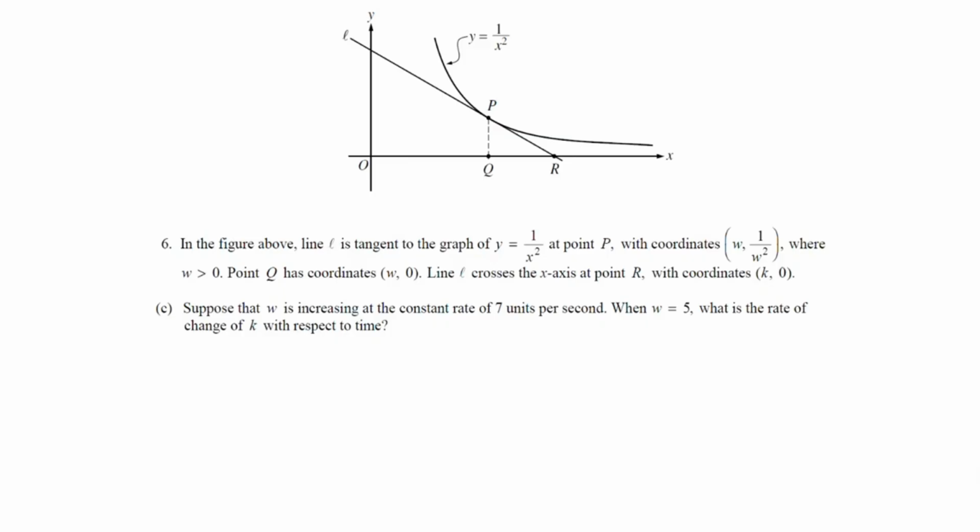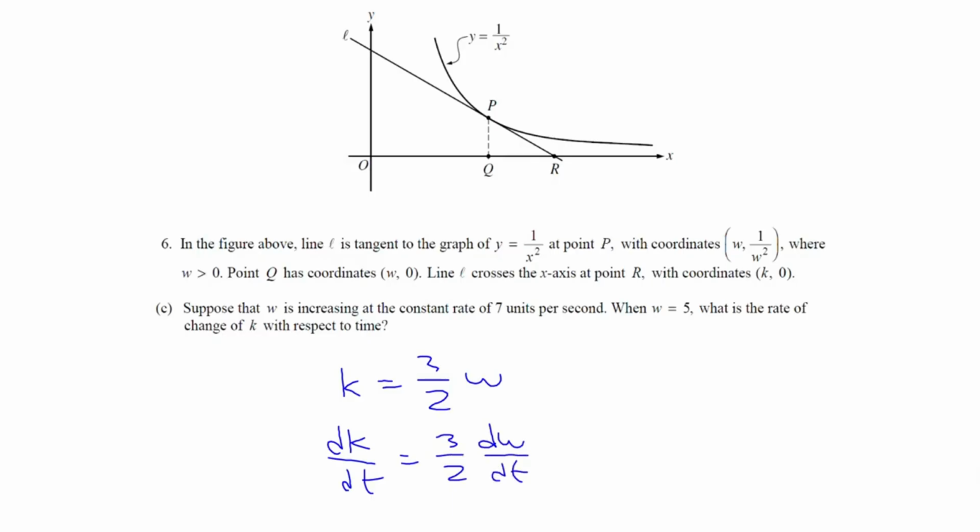In part C, it says, suppose w is increasing at a constant rate of 7 units per second. And they want to know when w is 5, what's the rate of change of k with respect to time? Well, we just said that k was equal to 3/2 w, which means that dk/dt is just equal to 3/2 of dw/dt.